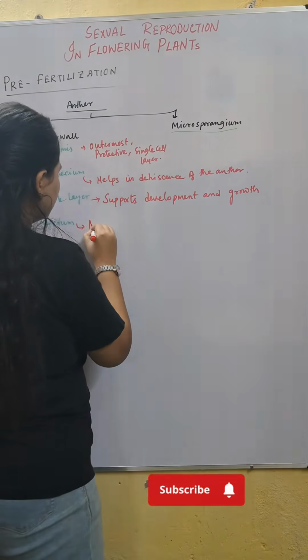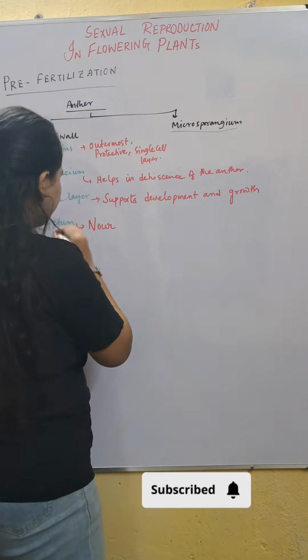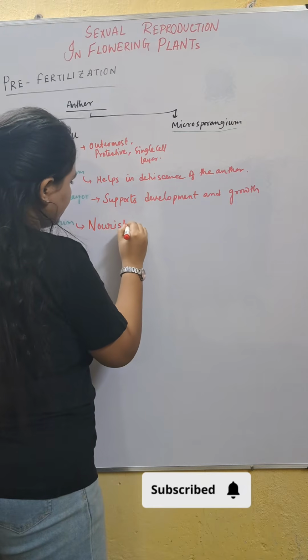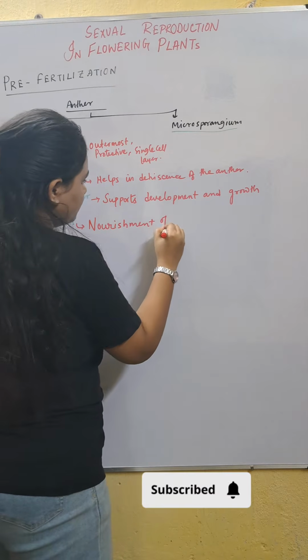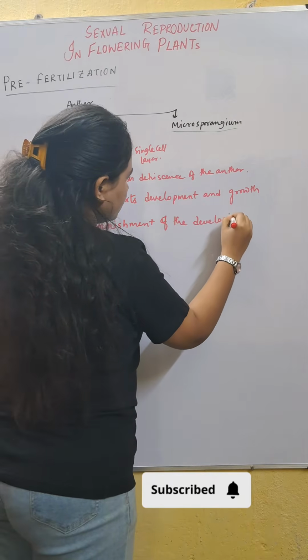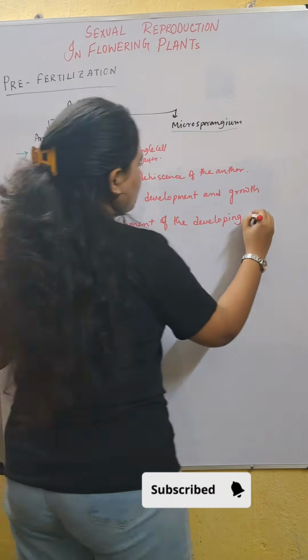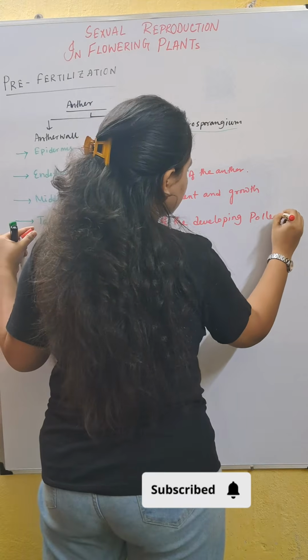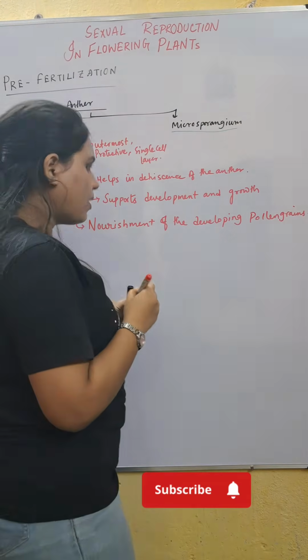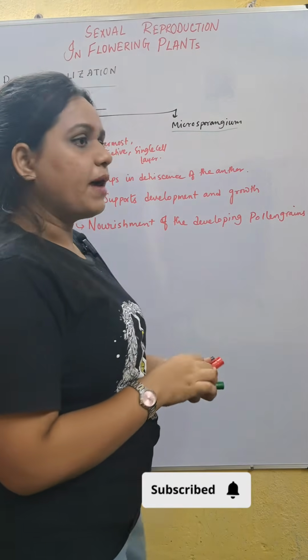It is the most important cell layer for nourishment of the developing pollen grains. Now, what is microsporangium?